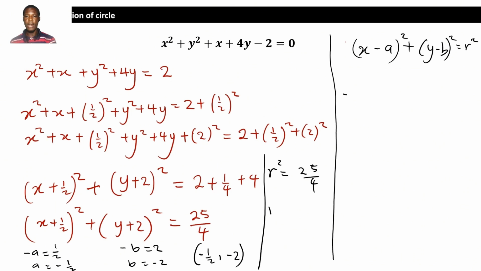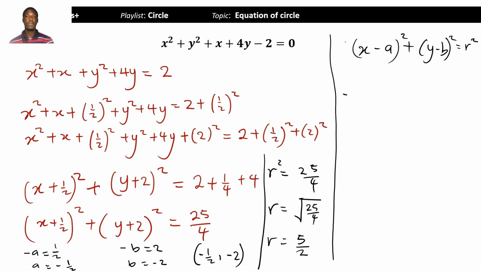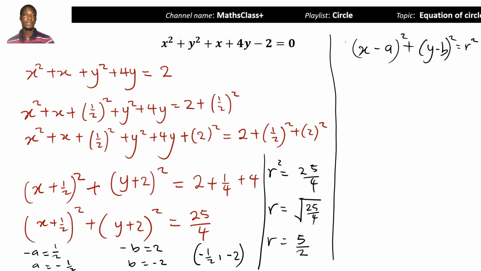So to get r, it is the positive square root of 25 over 4, and that r will be equal to 5 over 2. So this is how we find the center and the radius of a circle. This is another method. This one is the method of completing the squares.